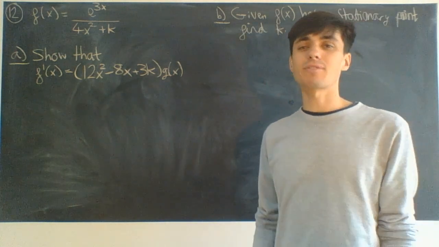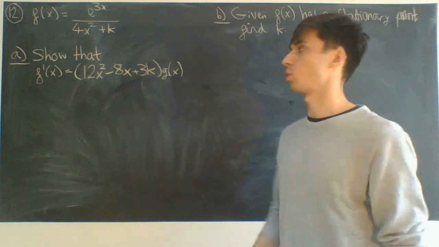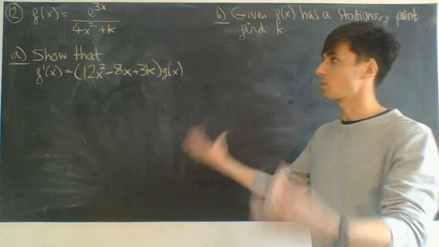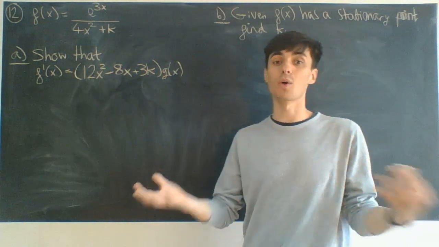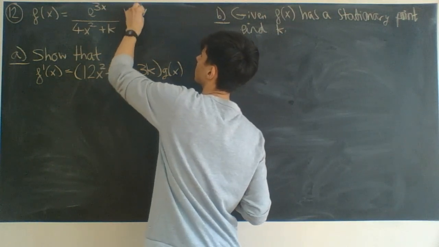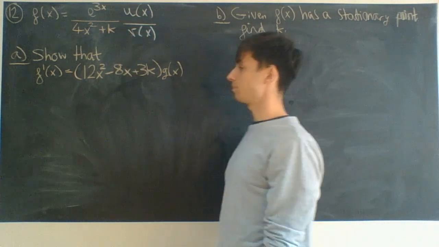This question is definitely best done using the quotient rule, so let's first write down the quotient rule to remind ourselves. We need a function of x that is a multiplier of u over v, so this is u of x on the top and v of x on the bottom.